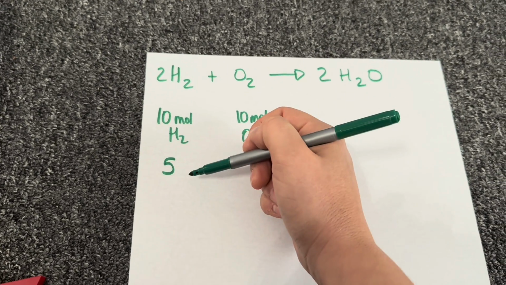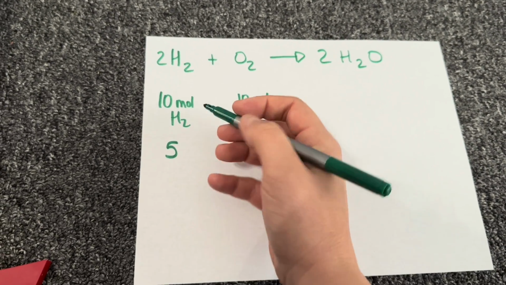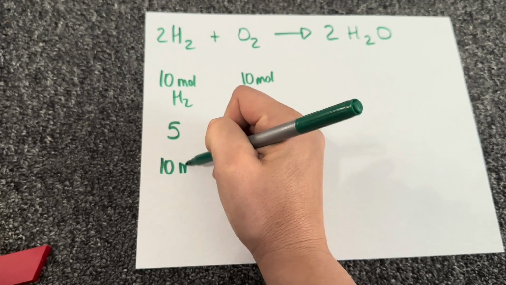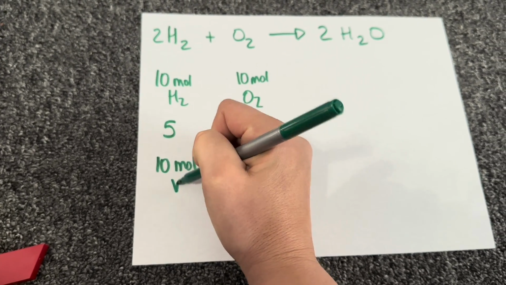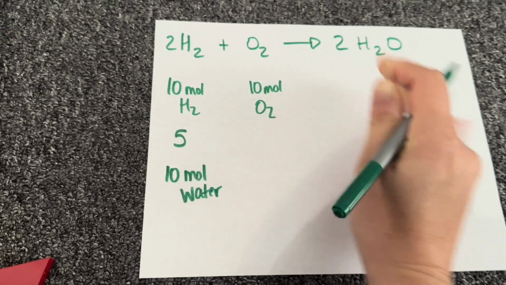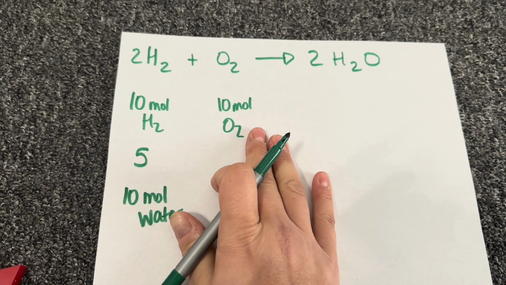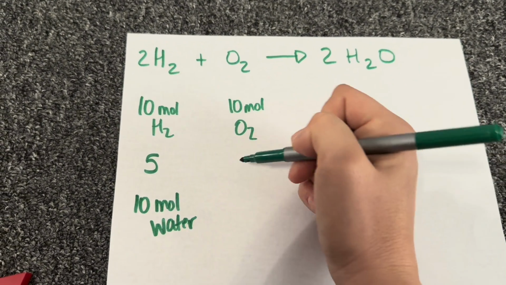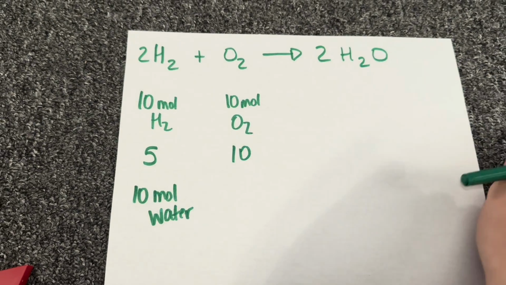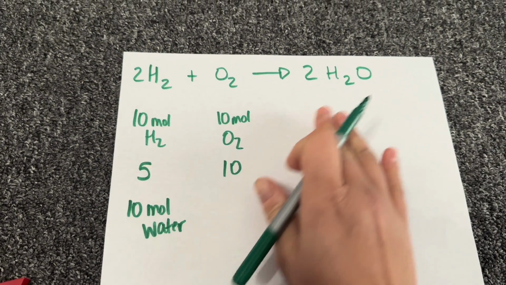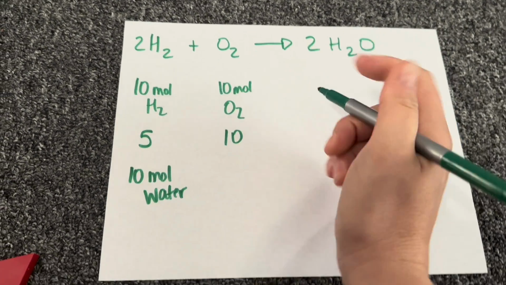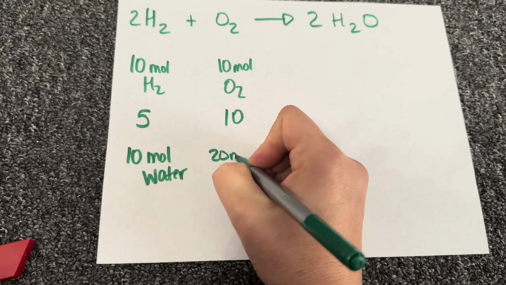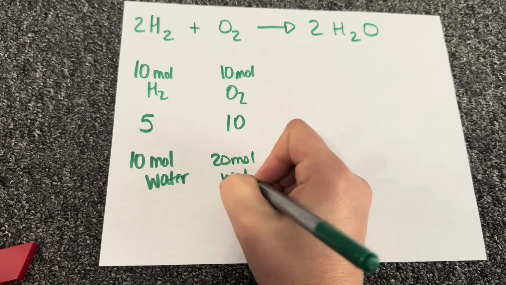If I use up all my hydrogen gas, I'm going to make 10 moles of water. If I use my oxygen, it's only got 1, so 10 divided by 1, this reaction can go 10 times. So I will make 10 times 2 of water, which would be 20 moles of water.